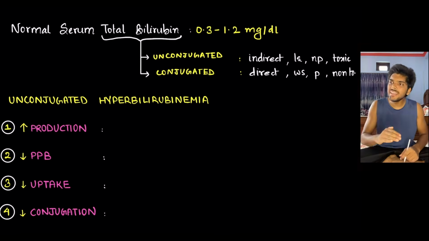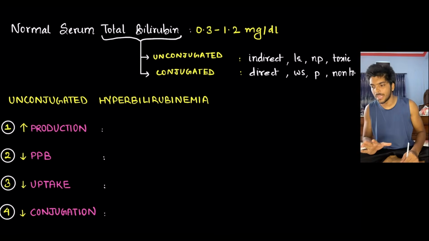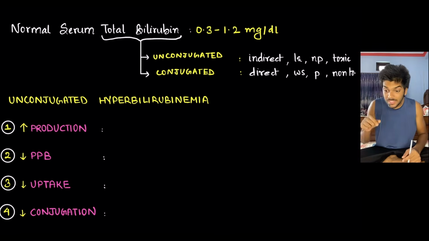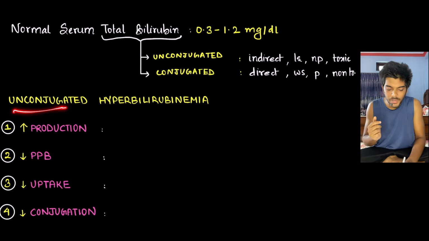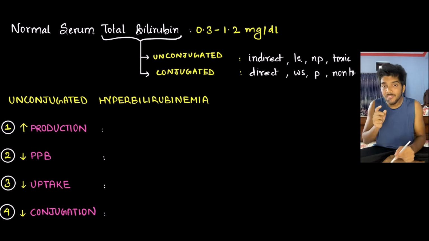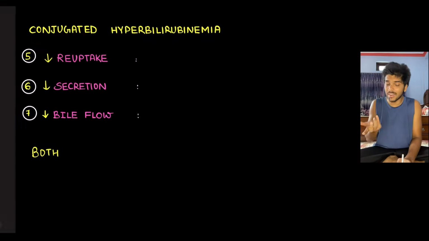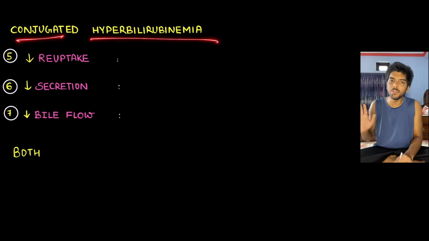See, an increase in the level of bilirubin in blood is called hyperbilirubinemia. If this increase is that of unconjugated bilirubin, then it is unconjugated hyperbilirubinemia. If the increase is that of conjugated bilirubin, then that is conjugated hyperbilirubinemia.